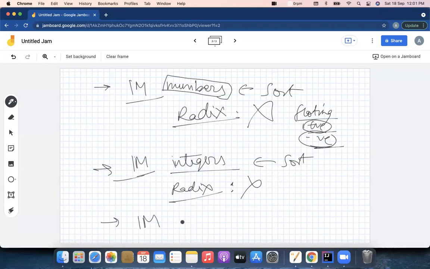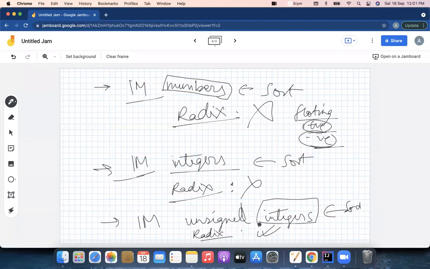Now, the last question, 1 million unsigned integers. Can you sort this now? I haven't specified the range, and I'm asking, can you use radix sort or not? The answer is yes, because radix sort doesn't really depend on the range, because integers are bounded by the word size of your computer, and the word size of traditional computers today is 64-bit. 20 years from now, it may be 256-bit.